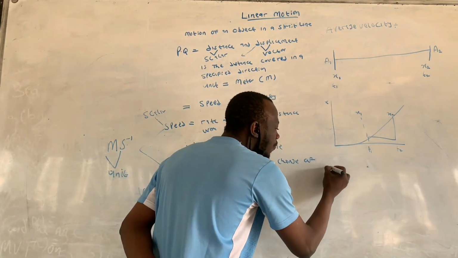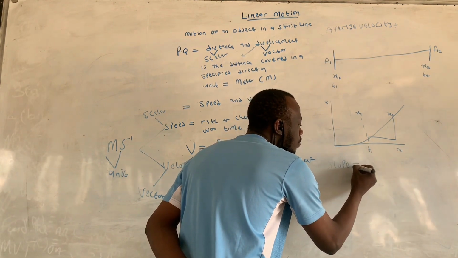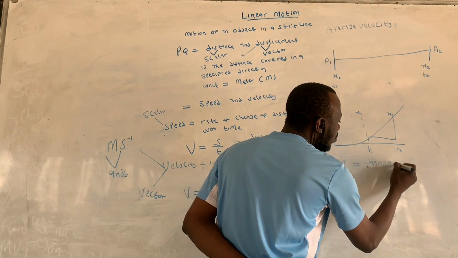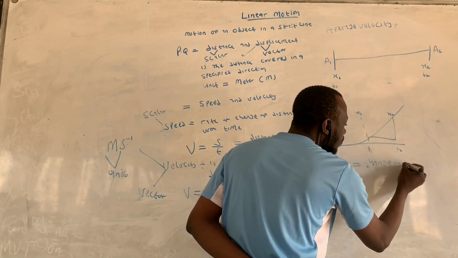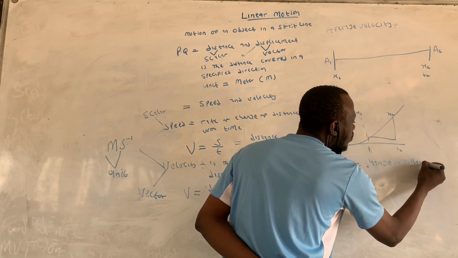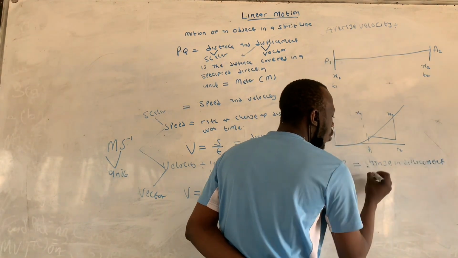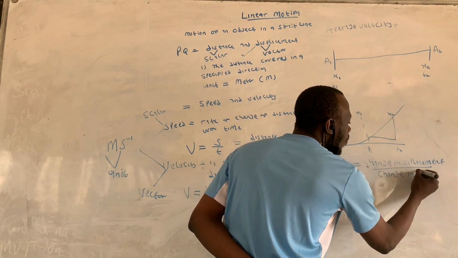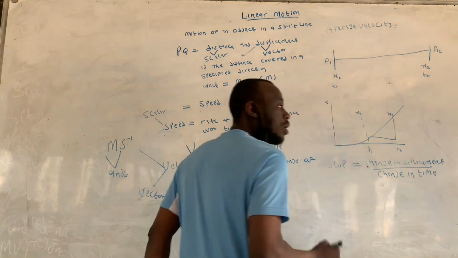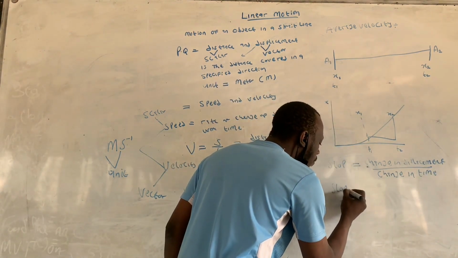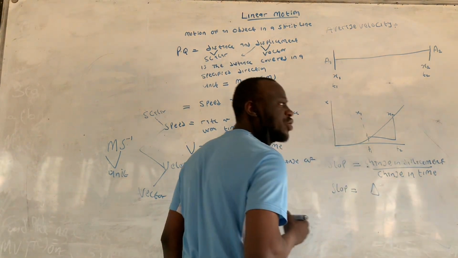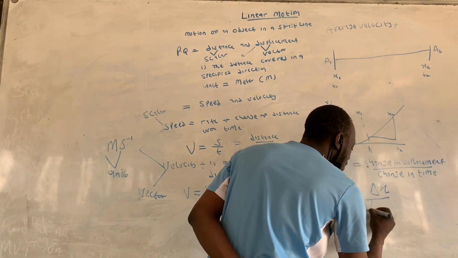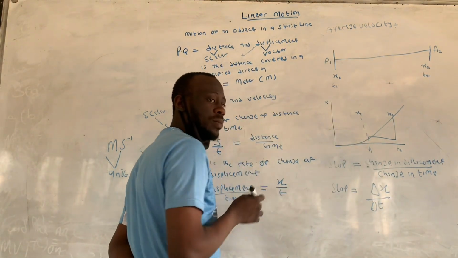Remember that slope is change in displacement over change in time. Delta means change, so slope is change in x over change in time.